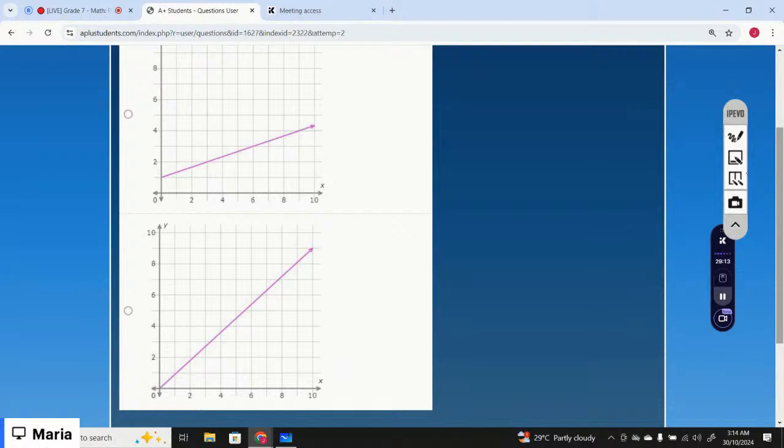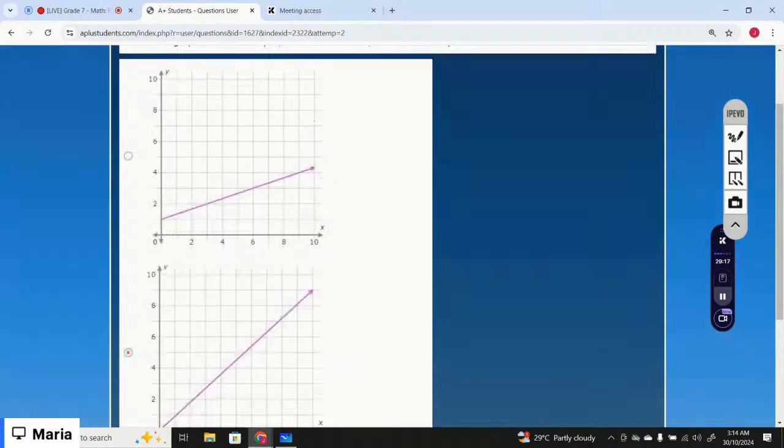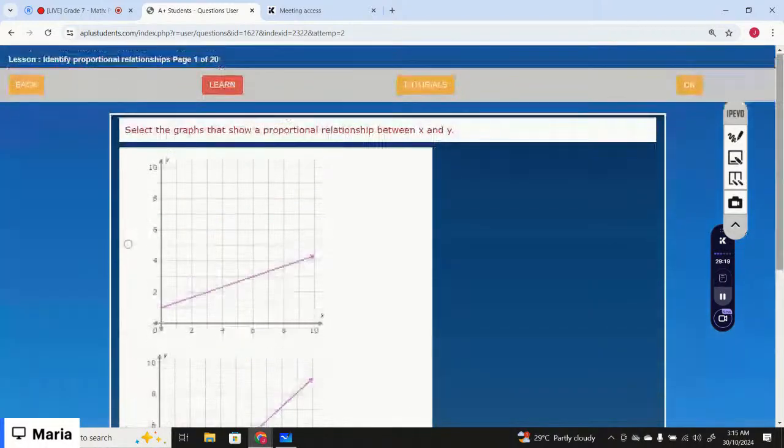So the correct option is the second one. That's a straight line passing through the origin. So option number 2 is the correct option. Got it?